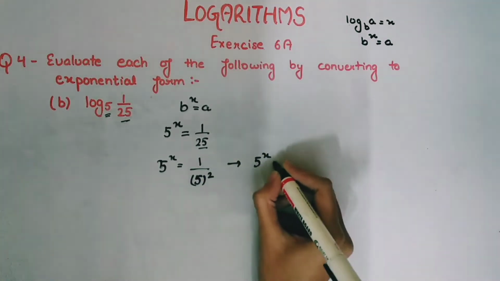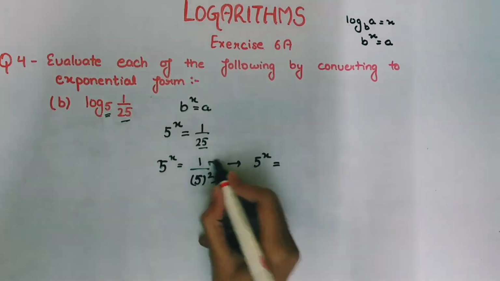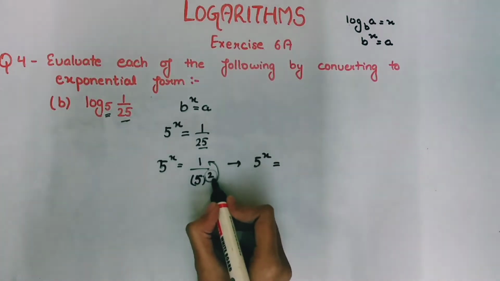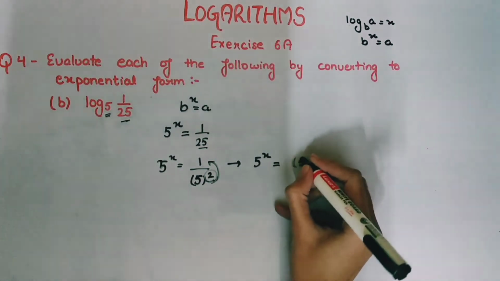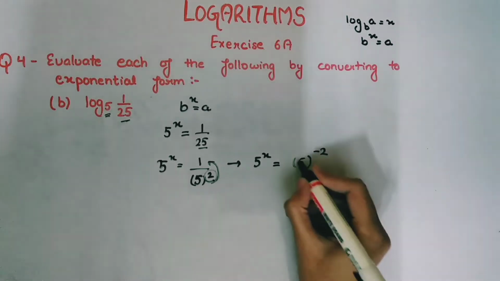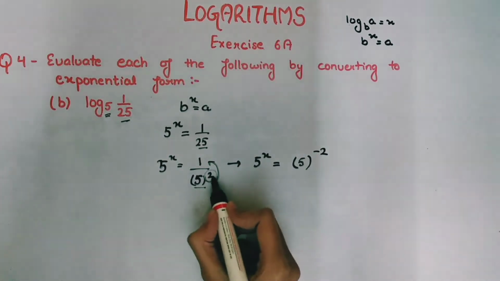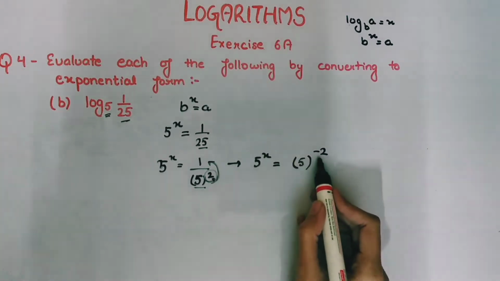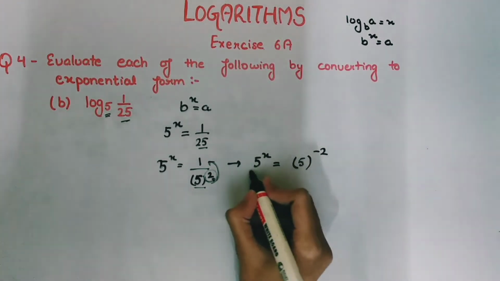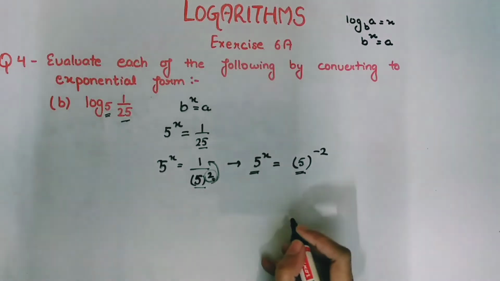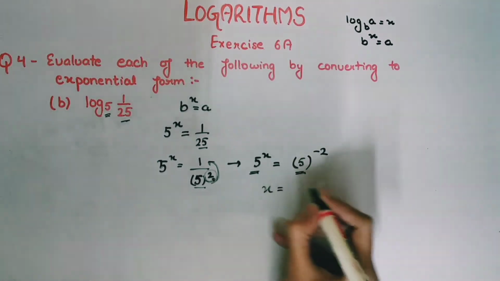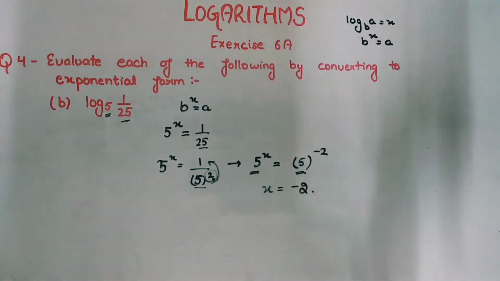When we write this in the numerator, the power gets negative. That means 5 raised to power minus 2. Whenever we write a denominator with any power in the numerator, the power gets negative. Now here the bases are similar, 5 and 5. Hence the powers must be equal, that is x is equal to minus 2.